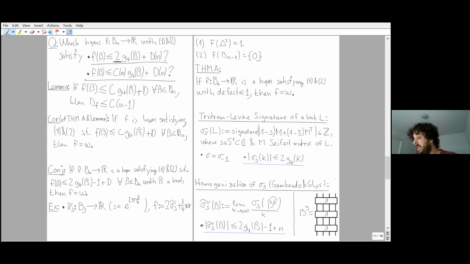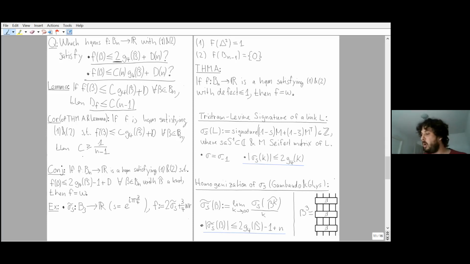This is just by plugging together the bound I have here. Sorry, I missed something. Such that this happens. Let me say it differently. Then C must be bigger or equal to 1 over n minus 1.